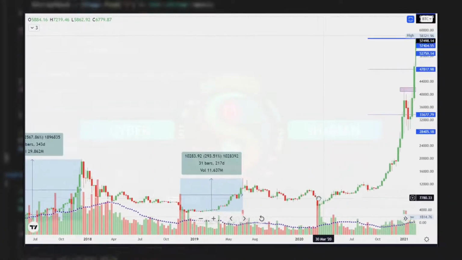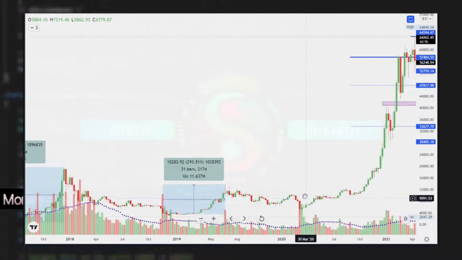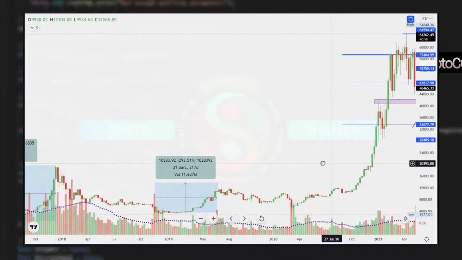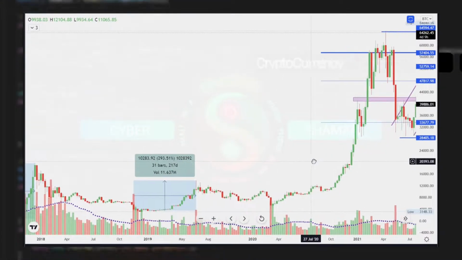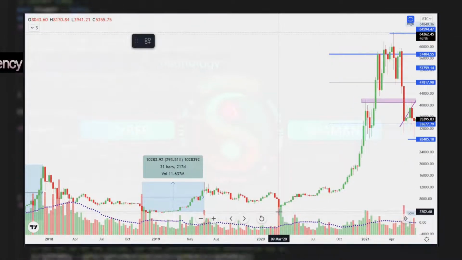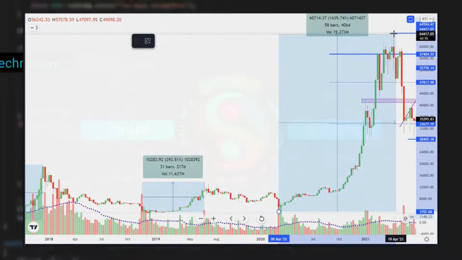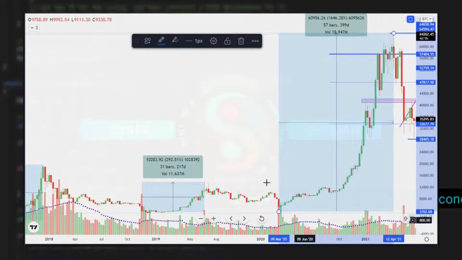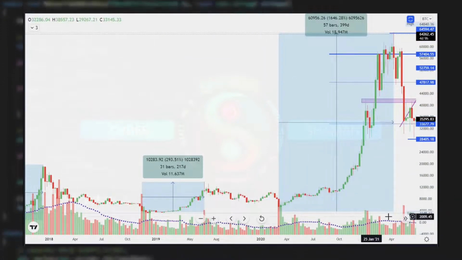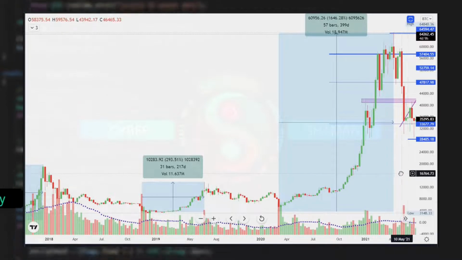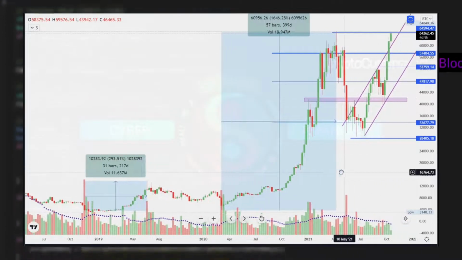And yes, the price goes parabolic again. This is another spike after stagnancy. And we are here.